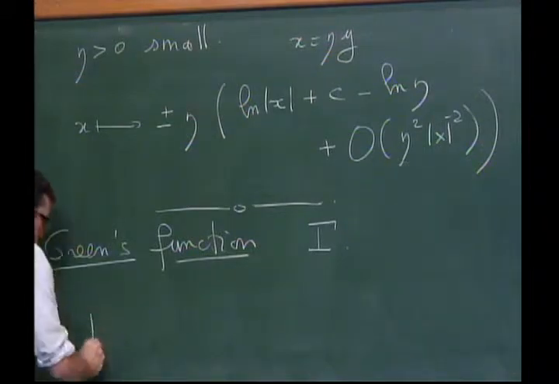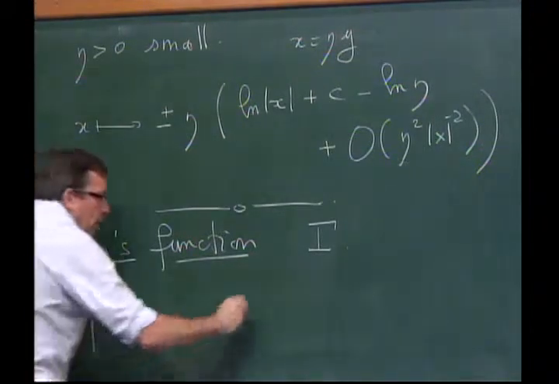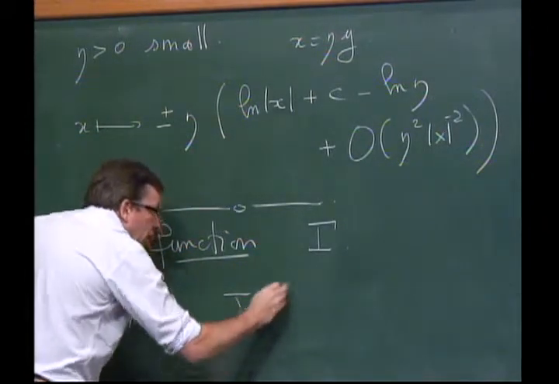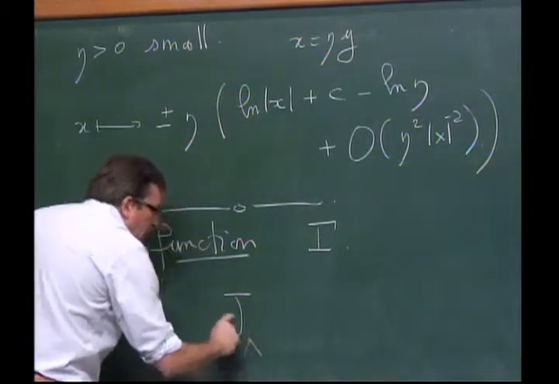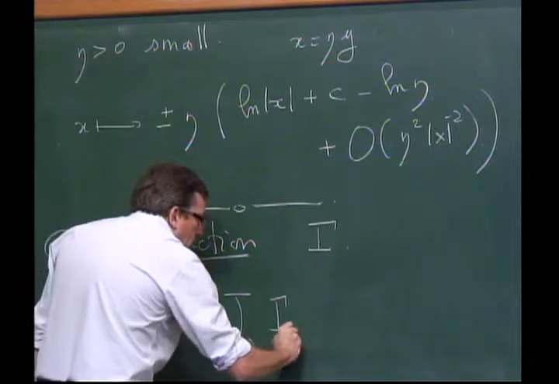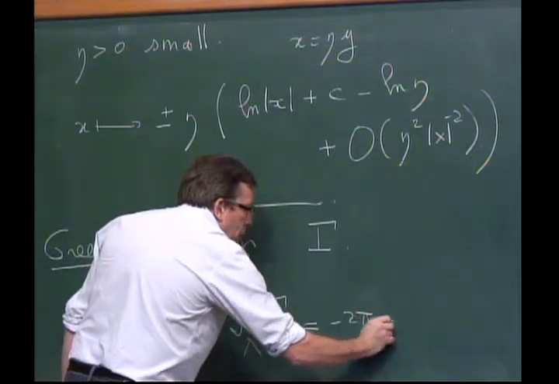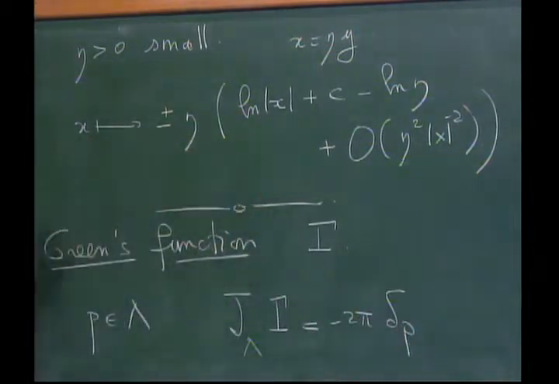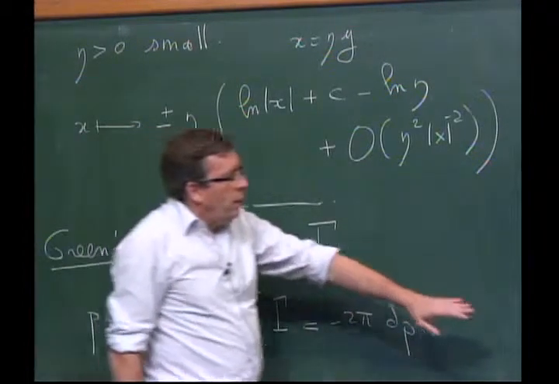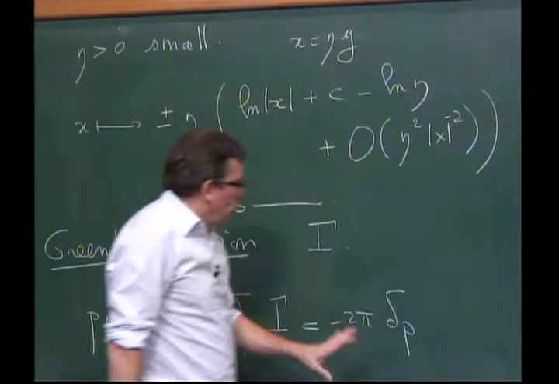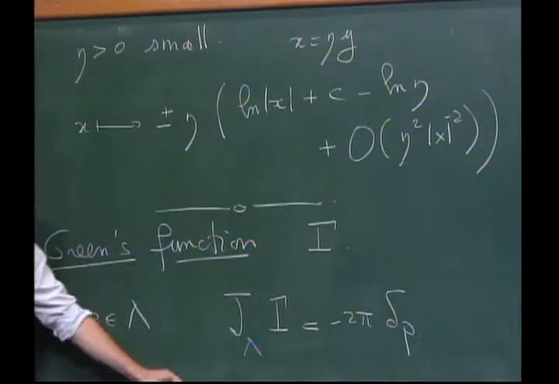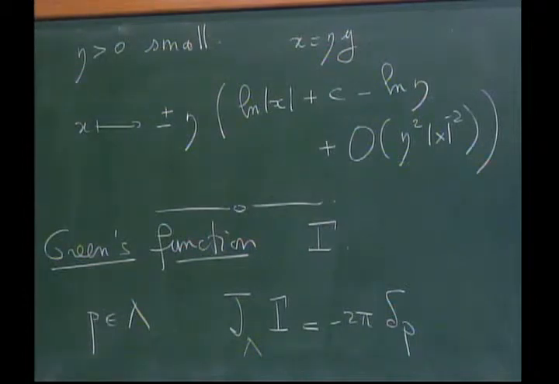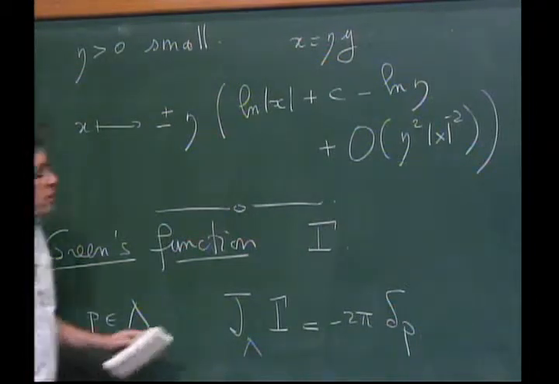I choose a point P on lambda, and I define Green's function with the pole at P to be the solution of J lambda gamma equals minus 2 pi times a Dirac mass at the point P. It is well known that since lambda is non-degenerate, you can find a solution, so Green's function does exist. And what is very important is the behavior of Green's function near the pole. This is very well known.